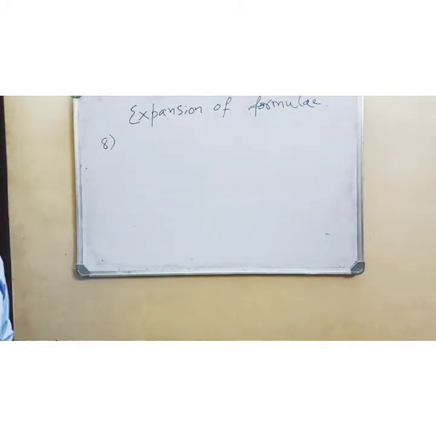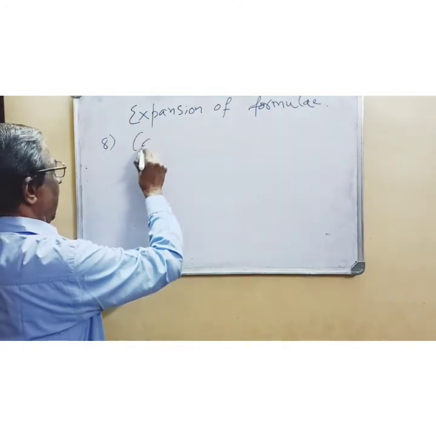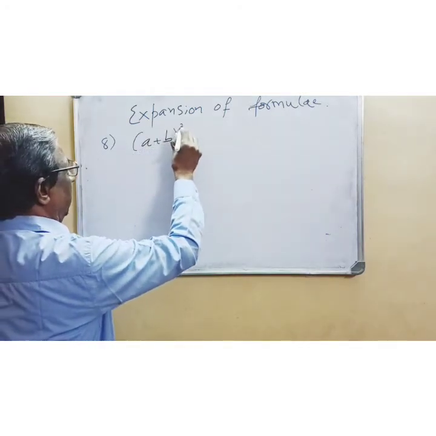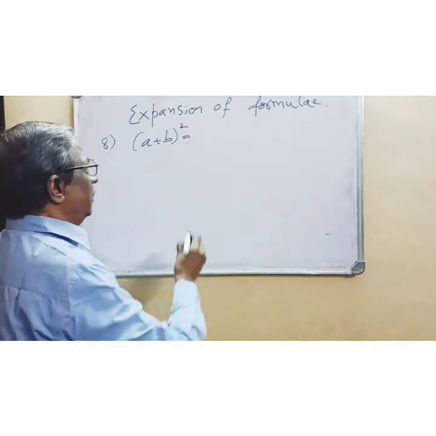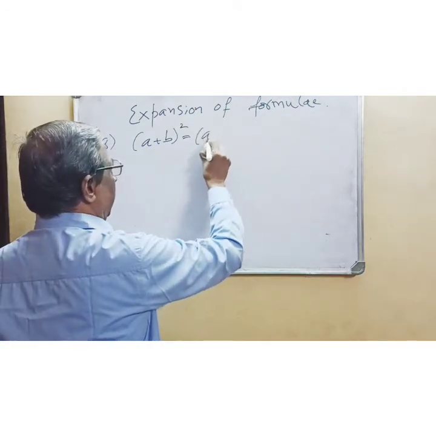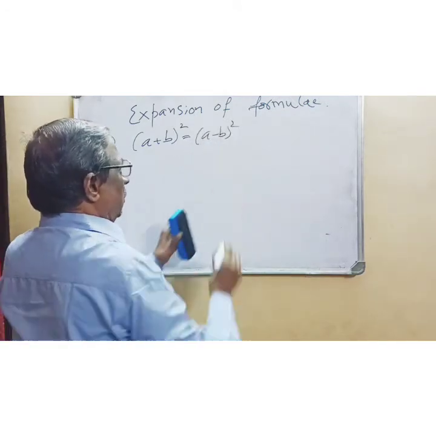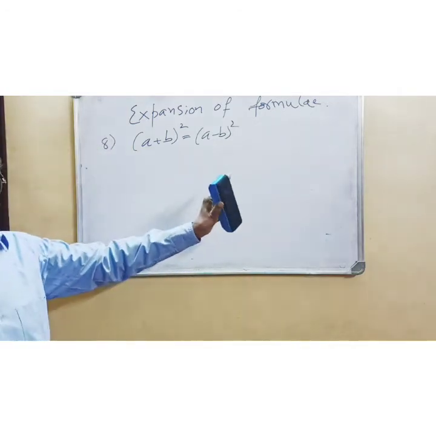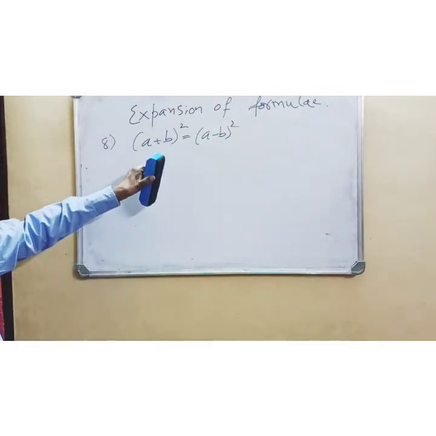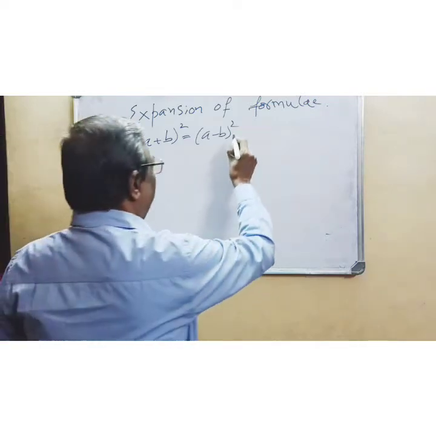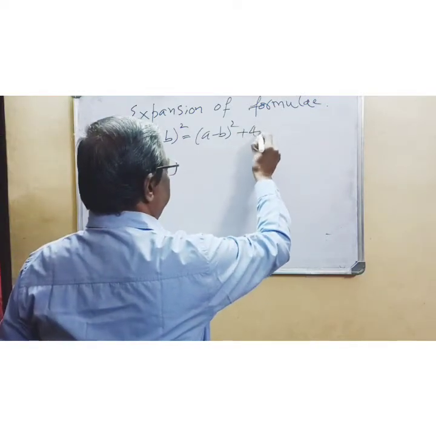A plus b bracket square as a minus b bracket square. That means a square plus b square minus 2ab. But we want plus 2ab. That is why we have to add plus 4ab.